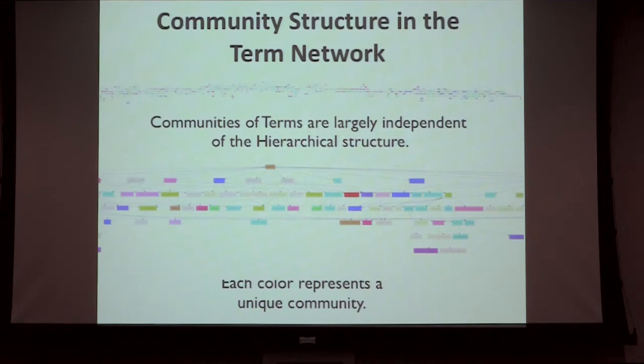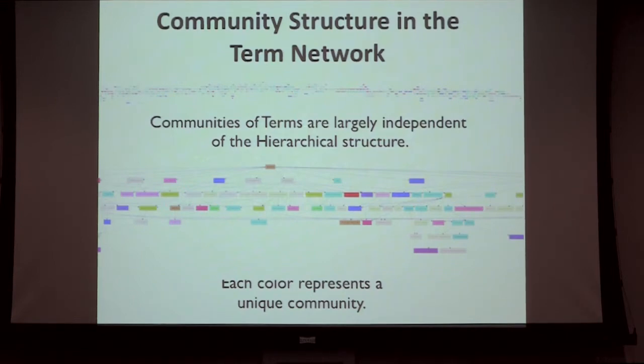And now I'm taking, this is the entire GO hierarchy for one branch, molecular function, I believe, although I can't see it here. And now I'm coloring the functions or terms based on which community I found them to be associated with. So what we expected a priori was that we would get, maybe we get dark blue over here and cyan over here, and maybe some mixing.